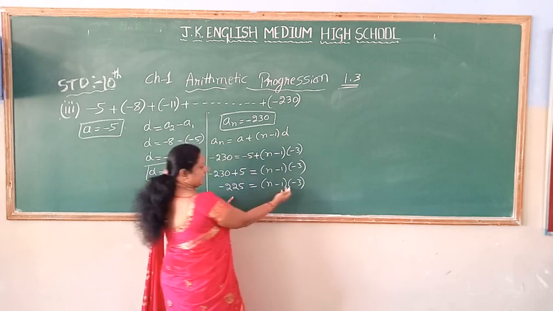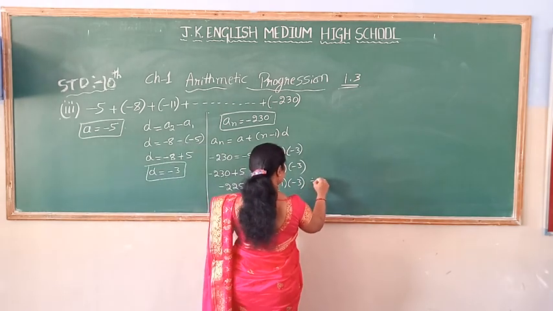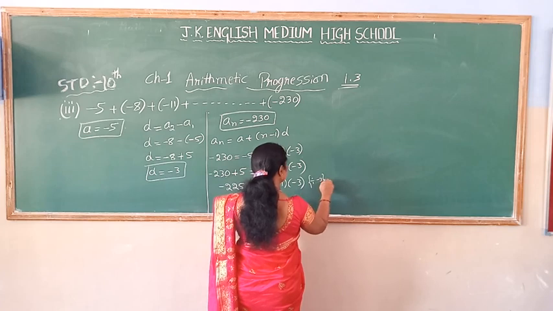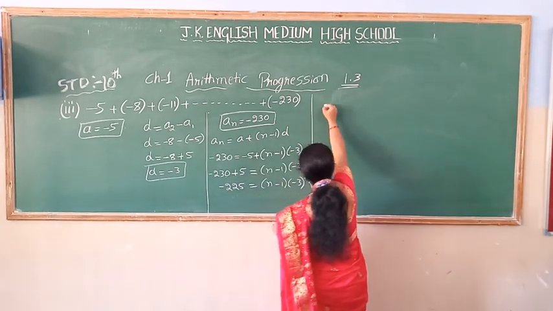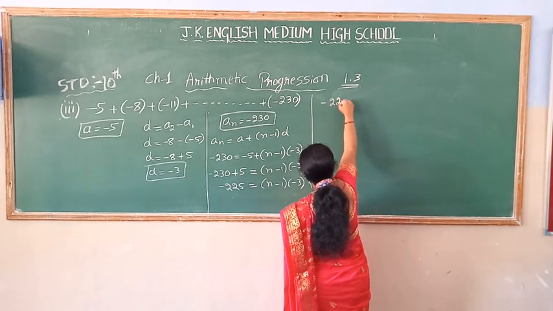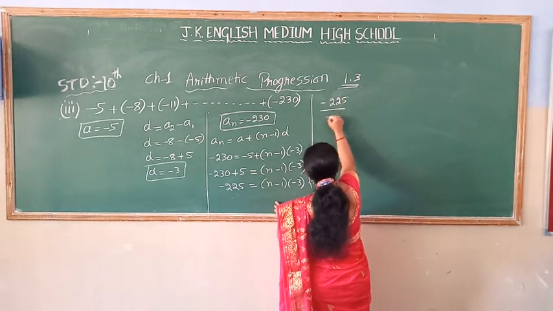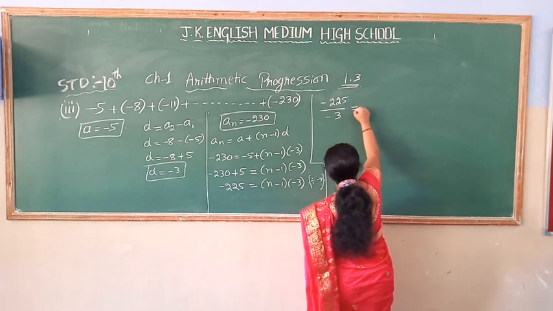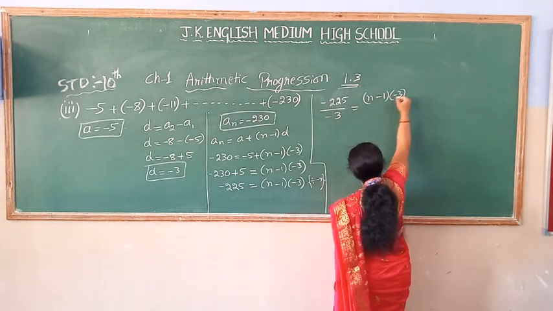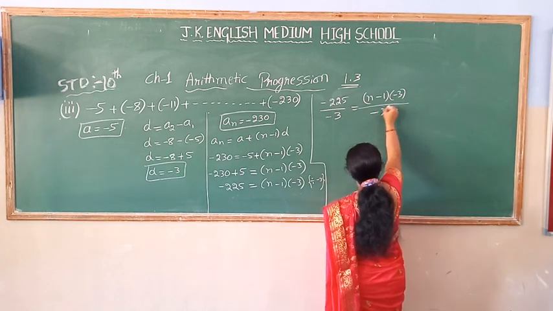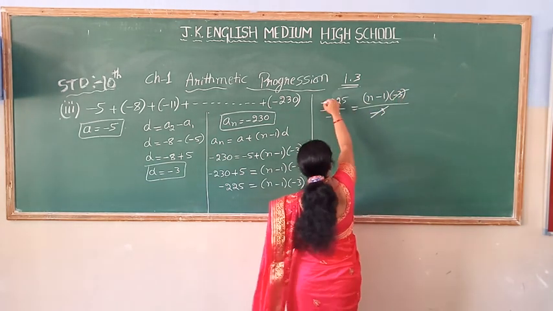If I divide both sides by minus 3, I am going to get it this way. Minus 225 divided by minus 3 is equal to (N minus 1) into minus 3 divided by minus 3, so it will get cancelled.